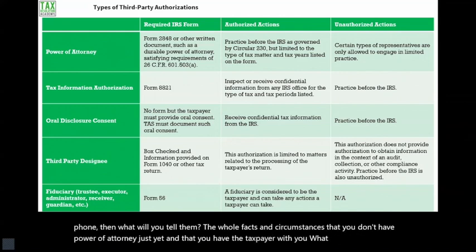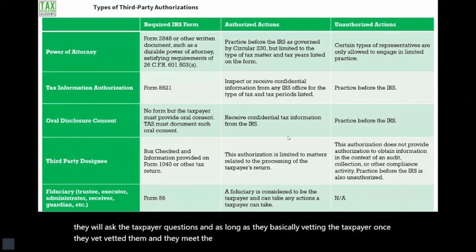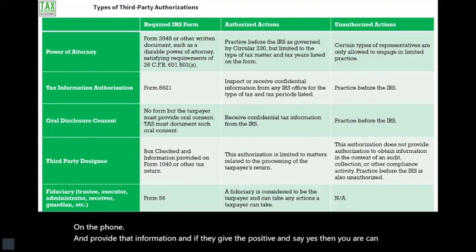They will then ask the taxpayer questions, and once they've vetted them and they meet the criteria, they will ask if they have their permission to talk to you on the phone and provide that information. If they give the positive and say yes, then you can ask for anything that you want.